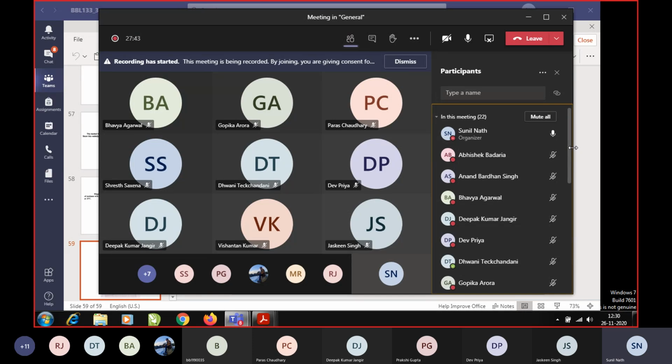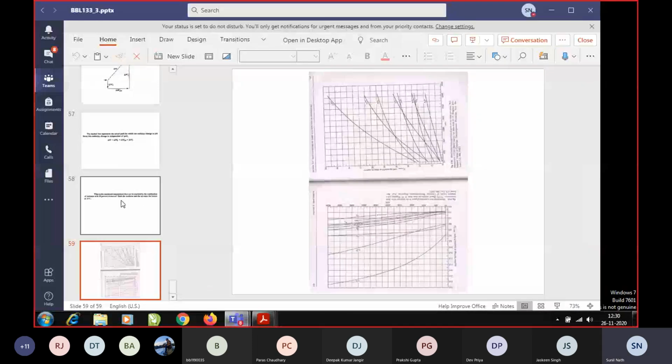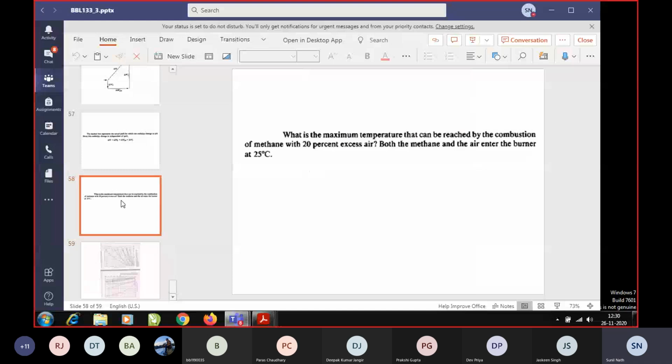So the same problem becomes a little more interesting. This may be a more useful problem because it's more relevant. Normally the combustion will have excess air, no? That's what we did before, right?